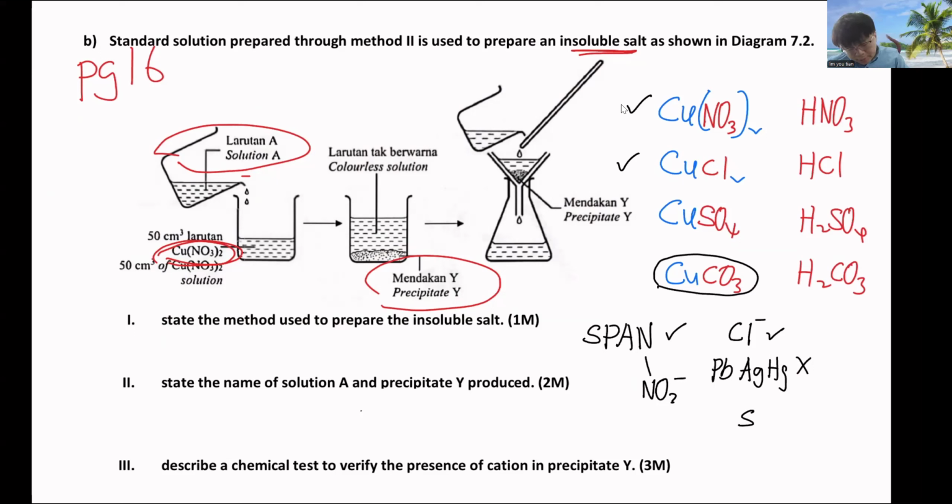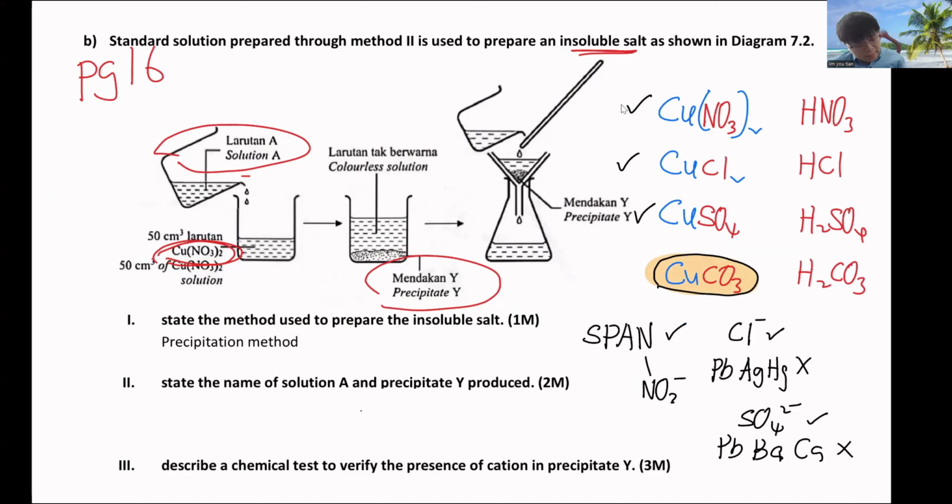Then anything with sulfate is soluble except lead, barium and calcium. Cu is not among them, so this one is also soluble. So technically the insoluble only left this. So it's an indirect keyword question that although they didn't tell you who is the insoluble salt, you must be able to guess who is the insoluble salt, which is the copper 2 carbonate.